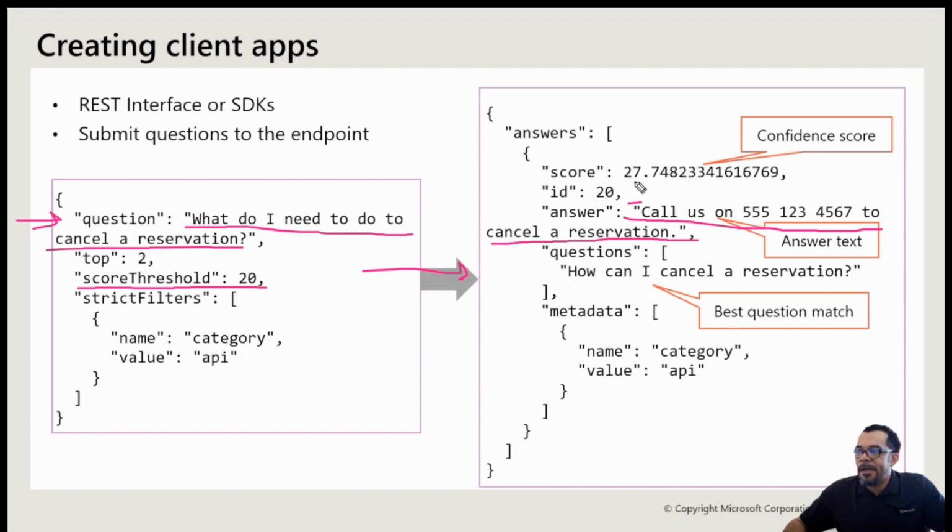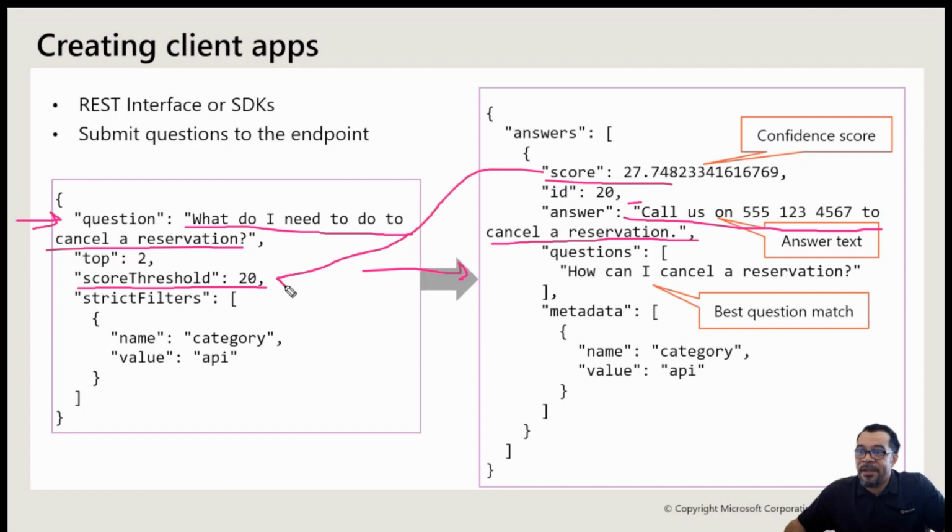Now, the model in this case generates a score. Think of the score, and if you watched other videos here, you've seen this also. This is a confidence rating. How confident is the model in its response? This is typically going to be a percentage. So it's 27% confident that it's accurate. Now, why is this important?